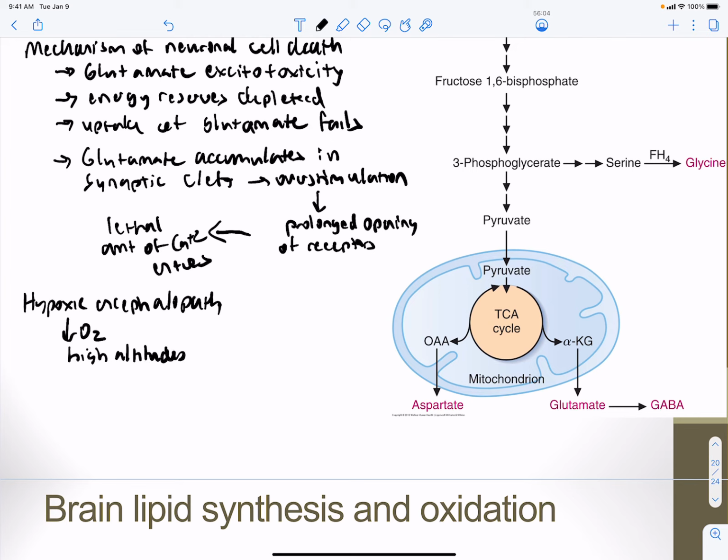It can also be when you have iron deficient anemia, severe anemia, or cyanide poisoning. And this is going to result in diminished neurotransmitter synthesis.